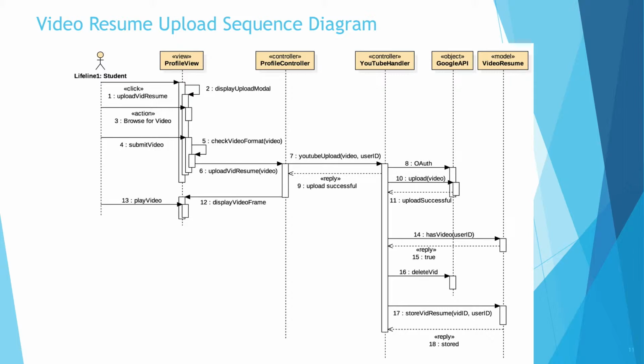The YouTube handler controller connects with the Google API. It does some authentication. It uploads the video to YouTube. And then we save that video's ID on the database, on the video resume model. And the user is able to view the video that they uploaded.